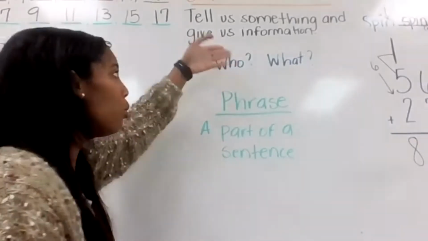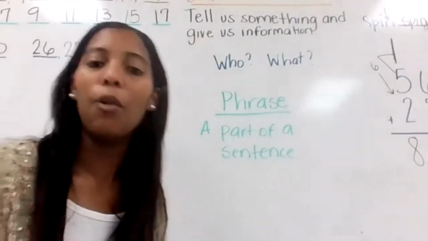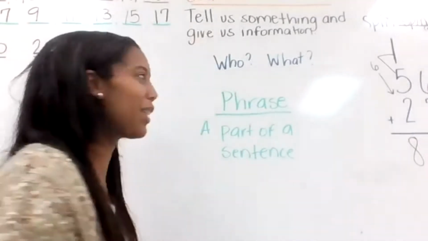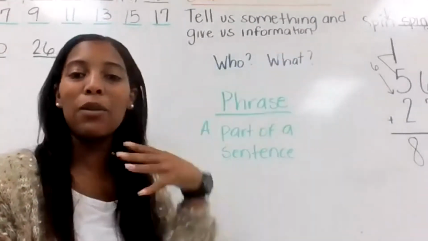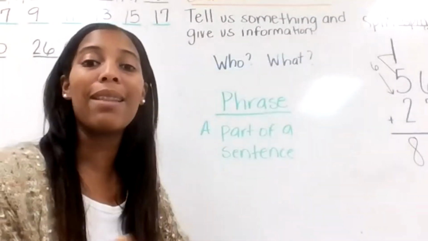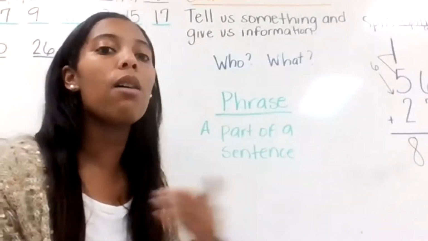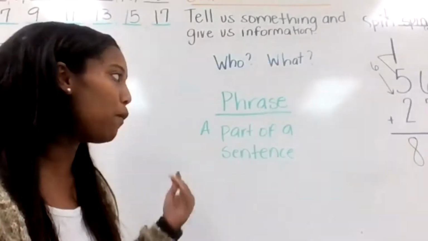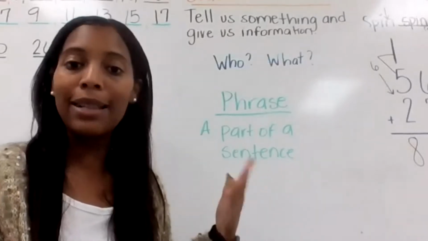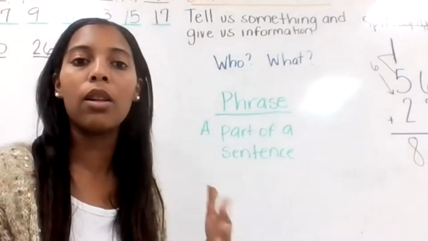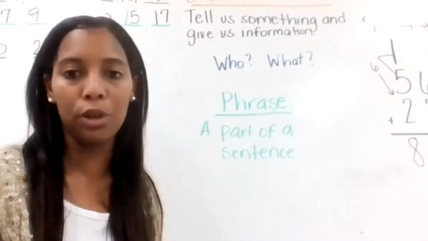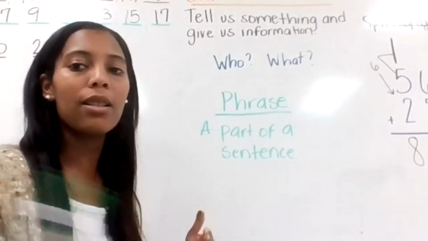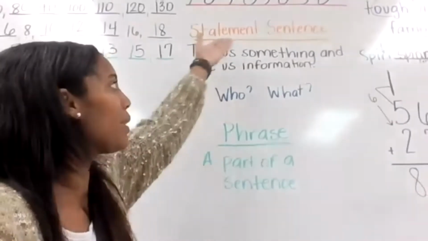That could be what the sentence is about, or the subject as we call it, but I don't know what is going on. If I would say, the red ball was in the street, now that's a complete sentence because I gave you what the sentence is about, the red ball, and what is going on with the red ball. It's in the street. That's a complete sentence, or as we say, a statement sentence.